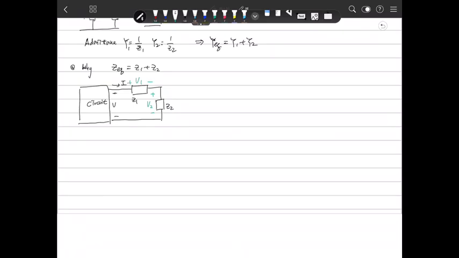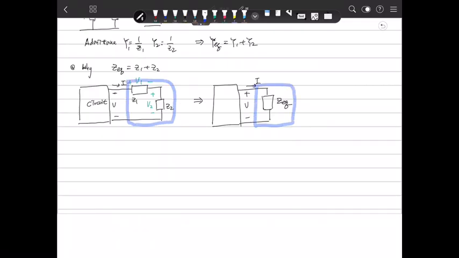So we can redraw the circuit as one impedance Z_EQ, with V and current I. If this is the same as this, that means V and current will be the same. So how do we make this V and this V, and this current, the same? Okay, we need to do that.